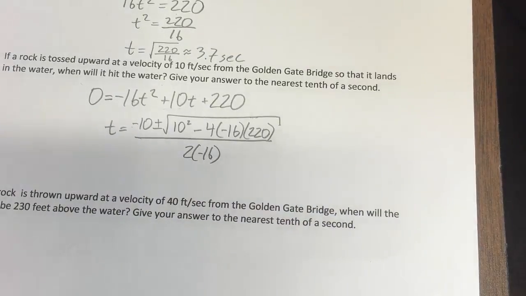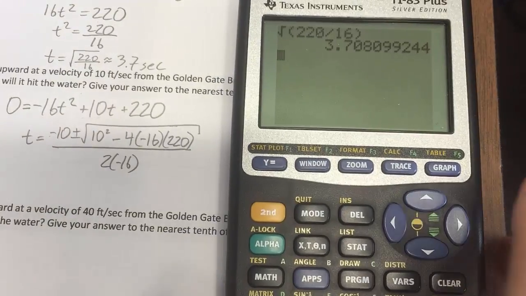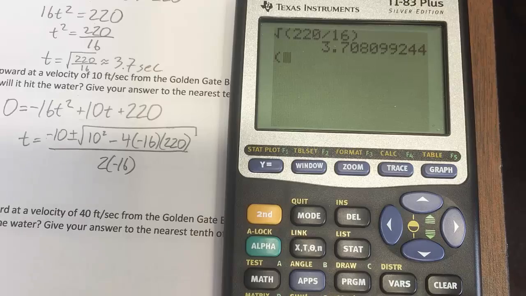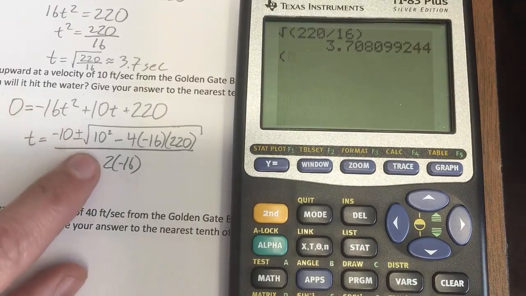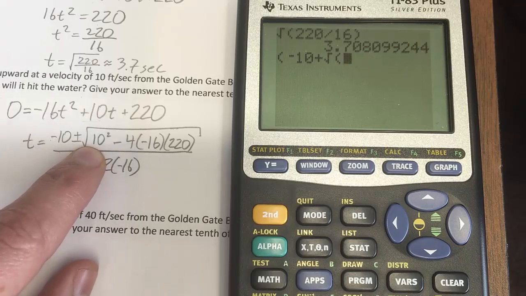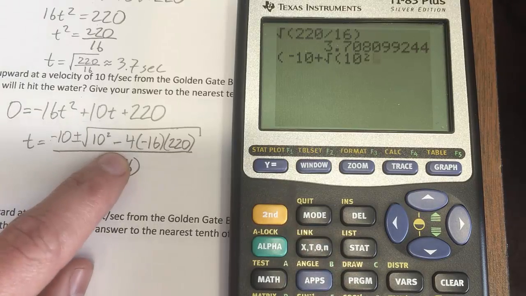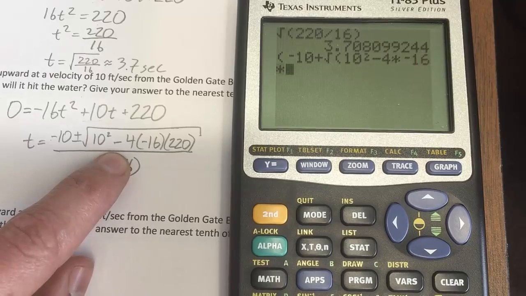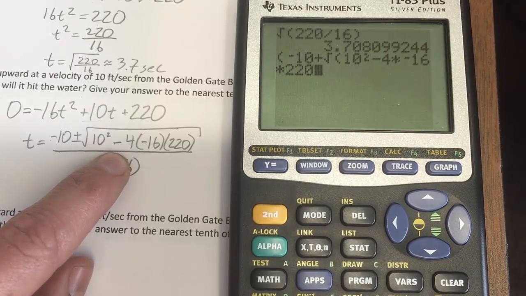I'm going to bring back in my calculator here. Parentheses are really important here. I have to divide this entire piece, so I'm going to put parentheses -10 plus the square root. Notice they open a parentheses telling me that my square root is beginning. 10 squared minus 4 times -16 times 220.